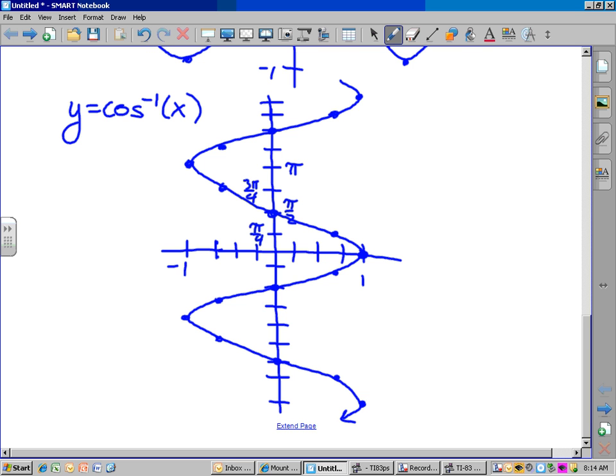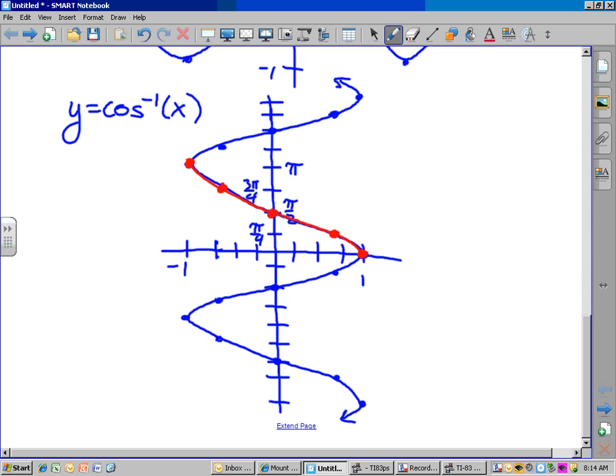All right, there's your cosine, inverse cosine. But it's not a function. All right? What part should we keep this time? Yep. Now, could we have kept 0 to negative pi?